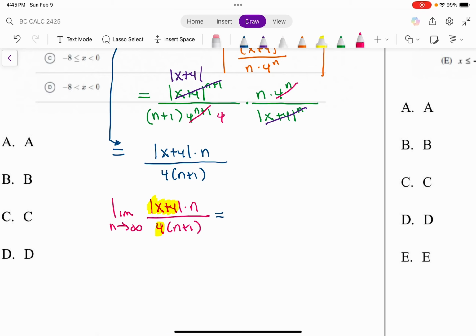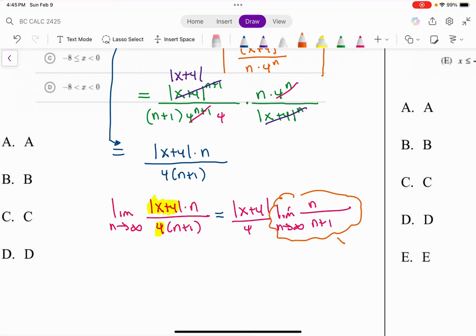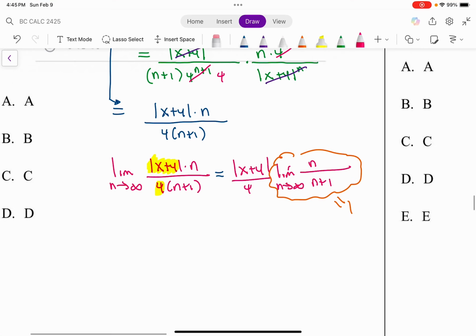So I'll get absolute value of x plus 4 over 4 times the limit as n goes to infinity of n over n plus 1. And then you want to recognize using your knowledge of limits that this is equal to 1. So the limit of the ratios in the end is this.